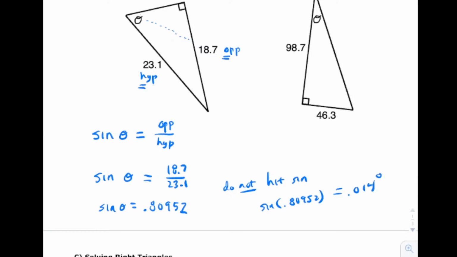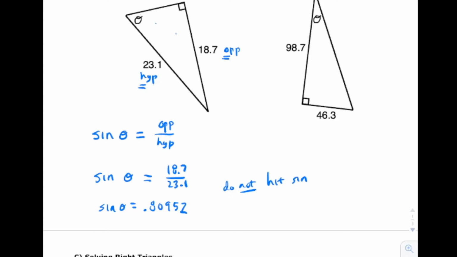Huh. Do you really think that's a 0.014 degree angle? No, it's not. It's not that small. So you're not doing it this way.